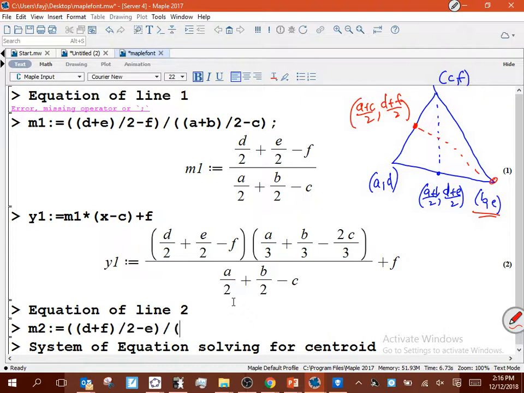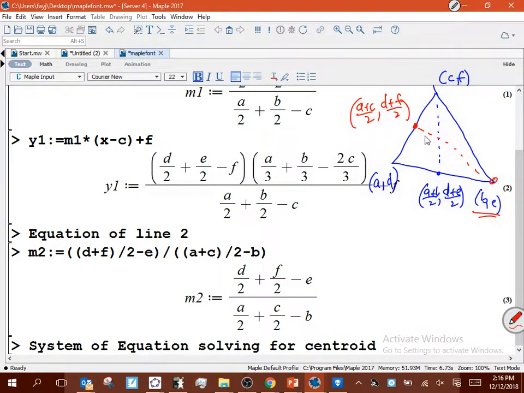Divide that then by X2, which is A plus C over 2 minus X1, right? So X1 would have been B. And when I hit enter there, that gives me the slope of this median. Is that okay with everybody?